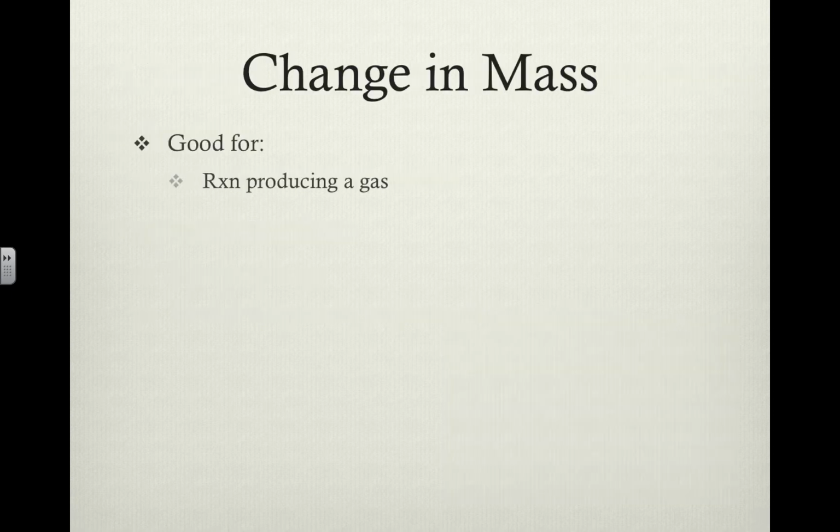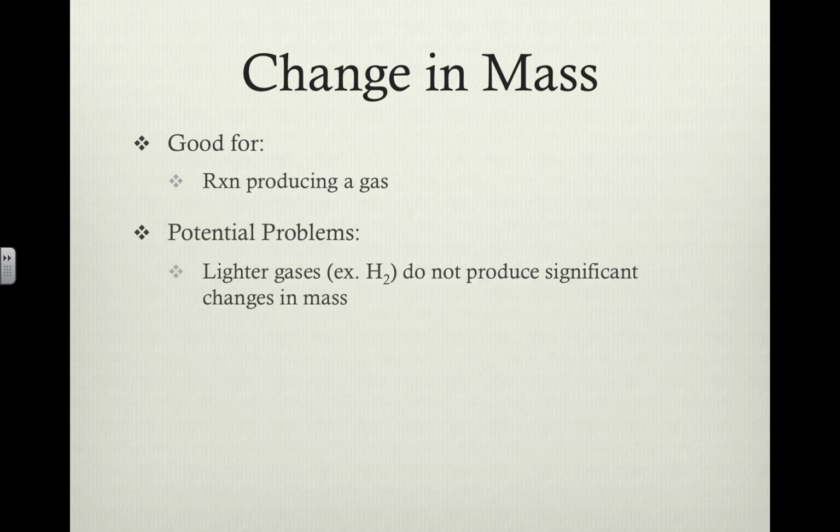Next one is change in mass. So this is also good for a reaction that's producing a gas. Now, it doesn't work so well if we're producing a low mass gas like hydrogen because it just doesn't change in mass much. But if you think of that classic baking soda and vinegar, so sodium bicarbonate and acetic acid, it reacts to produce water and sodium acetate, and then carbon dioxide gas.